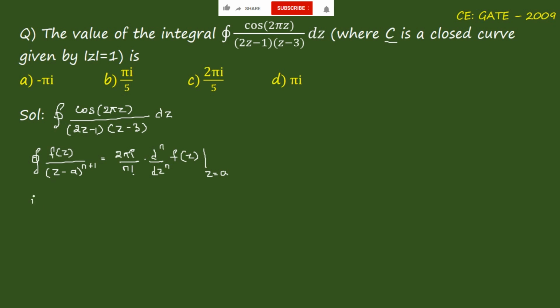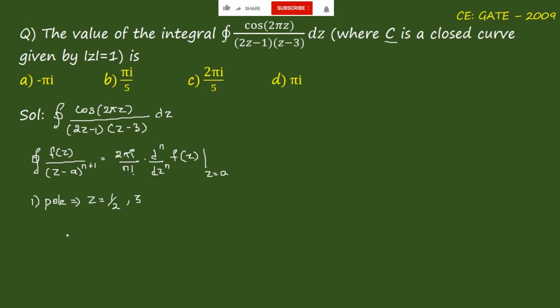Now first we'll be finding the poles of it. We can see that the poles are nothing but z is equal to, in the case of 2z minus 1 it becomes 1 by 2, and in the case of z minus 3 it becomes 3.